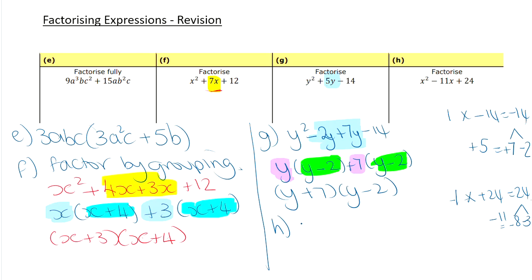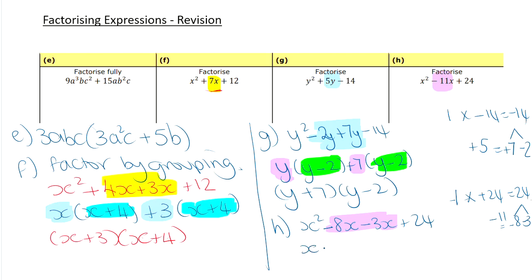So rewriting, I'll have x squared minus 8x minus 3x plus 24. So remember, I've just replaced the middle term. Then I'm going to factor by grouping.